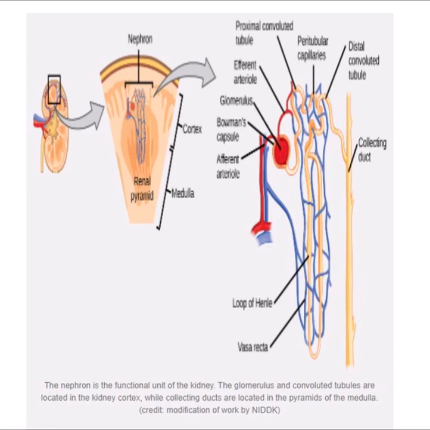The interlobar arteries split at the junction of the renal cortex and medulla to form the arcuate arteries. The arcuate, bow-shaped arteries form arcs along the base of the medullary pyramids.